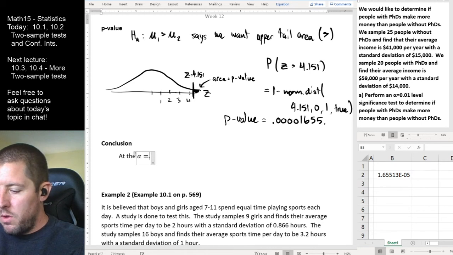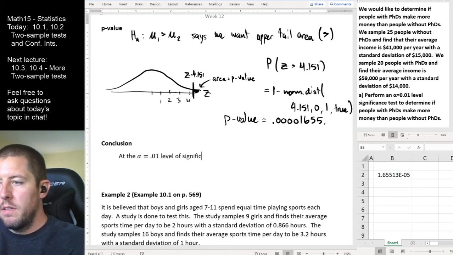at the alpha equals 0.01 level of significance, our data are significant. That means that we did have a p-value less than alpha.